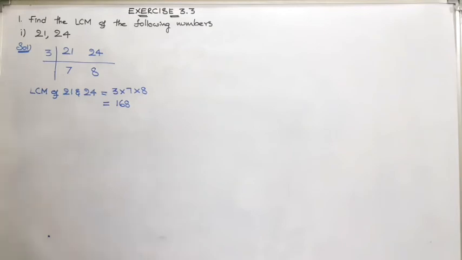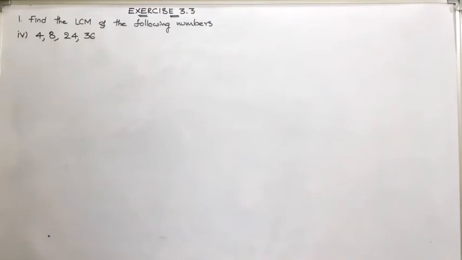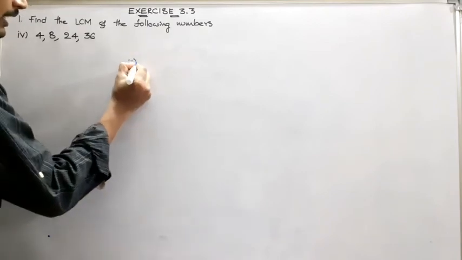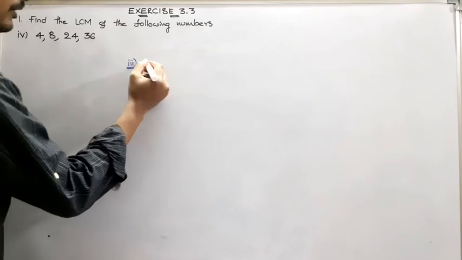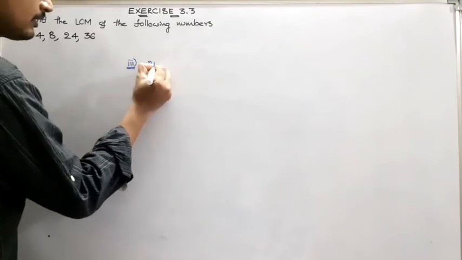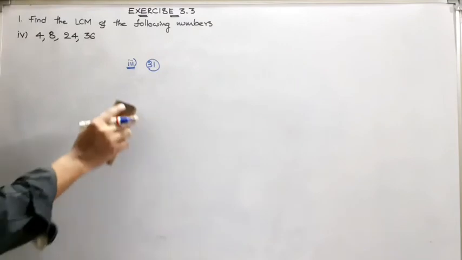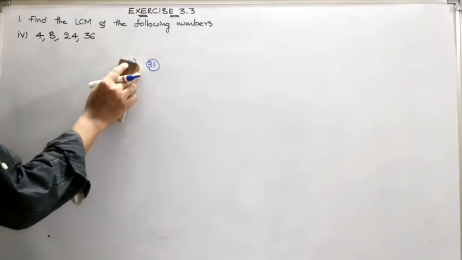Only 2 numbers were given. Now I am moving to the fourth one of this exercise. Check the board. The numbers given are 4, 8, 24 and 36. Before that, children, for the third question which I gave you as homework, take the 31 table, because 93 and 124 you can't find in the 2 to 9 tables.